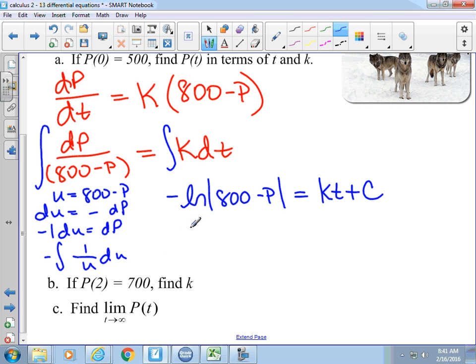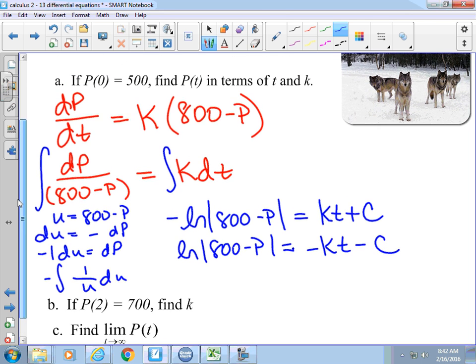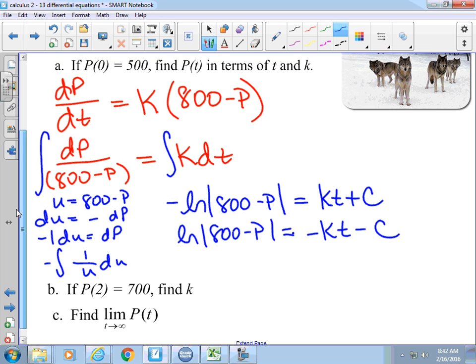Divide by the negative 1. That's not the only way you could deal with that negative 1, but I think it is the easiest. Actually, I might not want to do that first. What should I probably do first? Before all, find c. Put 0 in for t and 500 in for p.